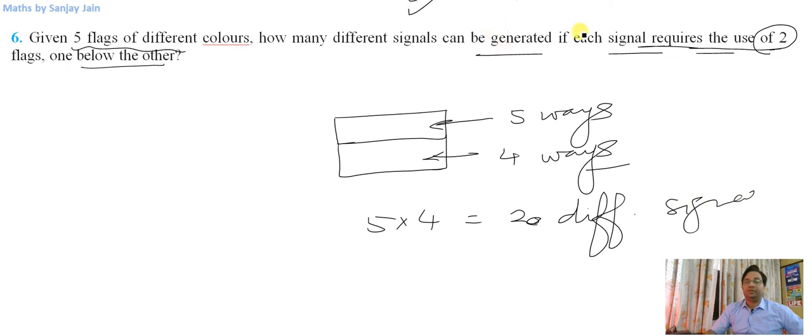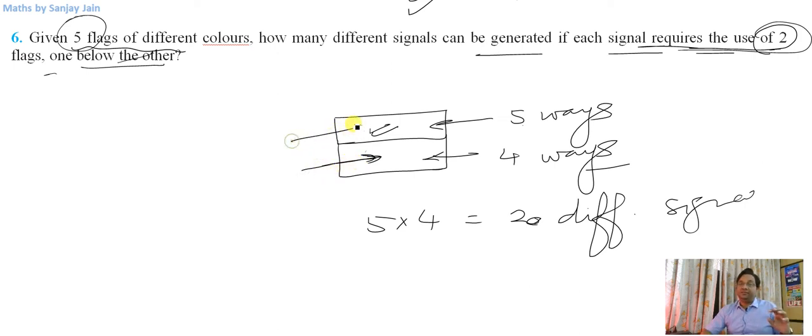Because exactly 2 flags have to be used, one below the other, and you have 5 options to choose from. So you have options to fill the first place in 5 ways, then you'll be left with 4 flags to fill the second place. Or you can think about it like this also, that you can place a flag here in 5 ways.